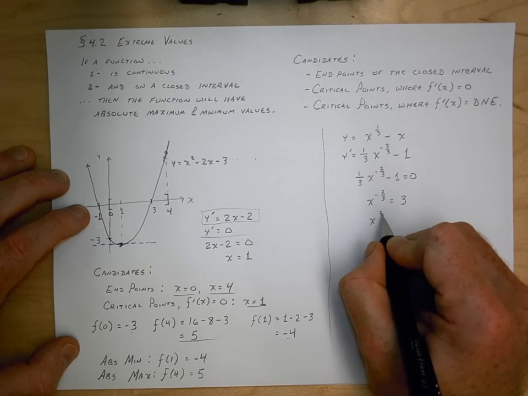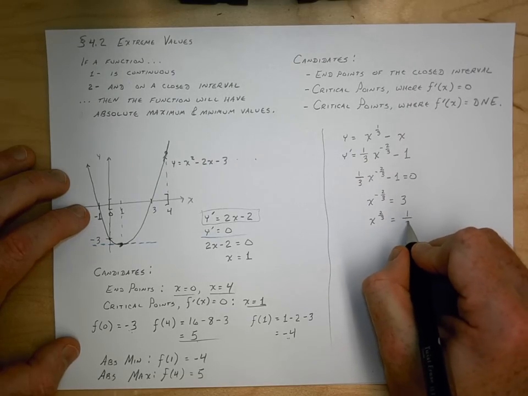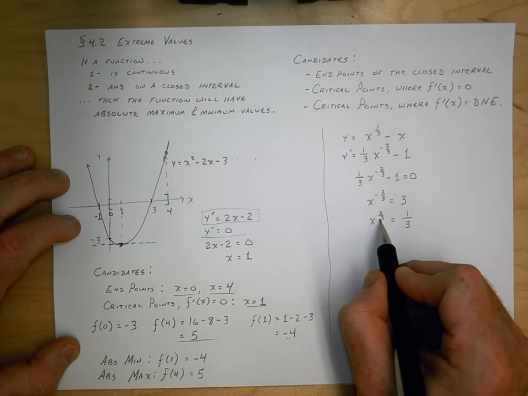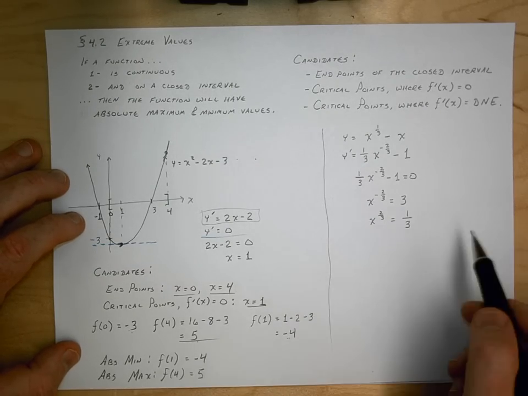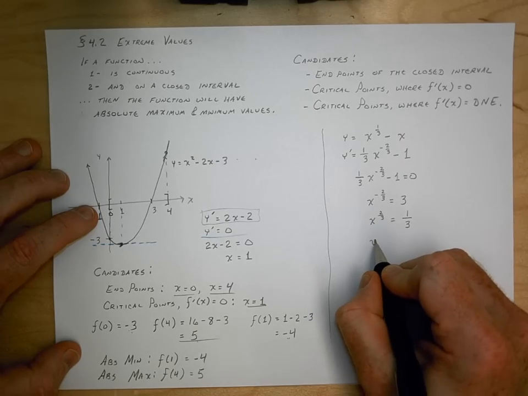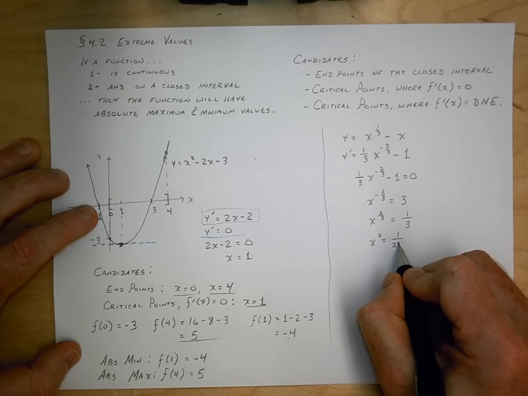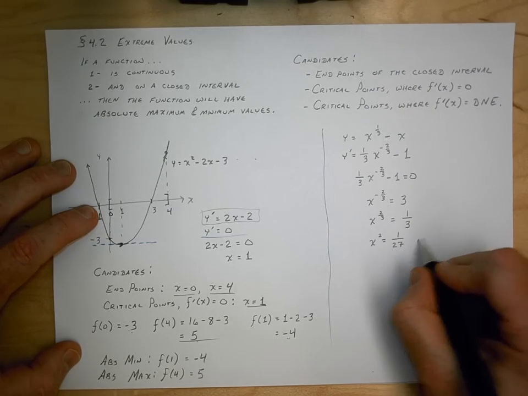And that'll give me an x to the positive 2/3 over here, and a 1/3 on that side. Next, I'd like to get rid of this third power exponent, so I'm going to cube both sides of the equation.